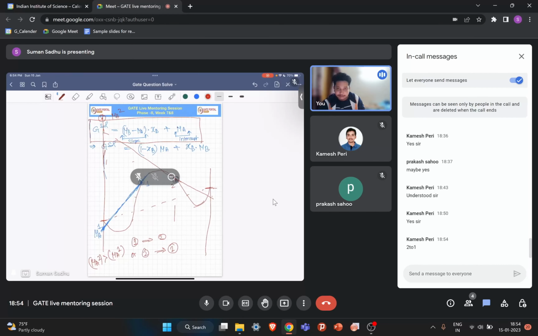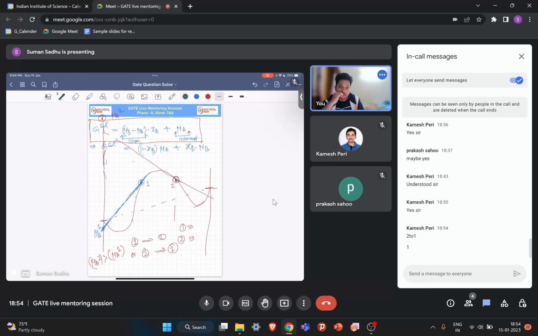But which is A rich? Is 1 A rich or is 2 A rich? Yes, 1 is A rich. 2 is B rich.